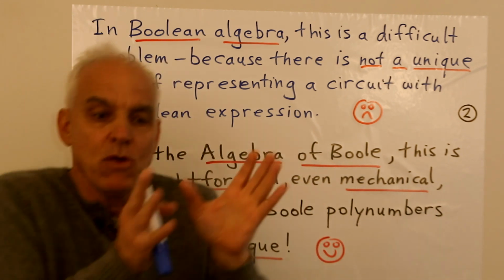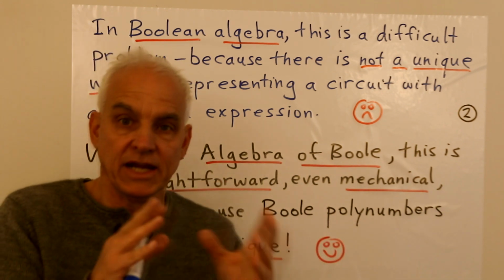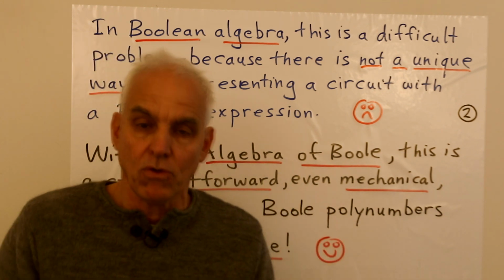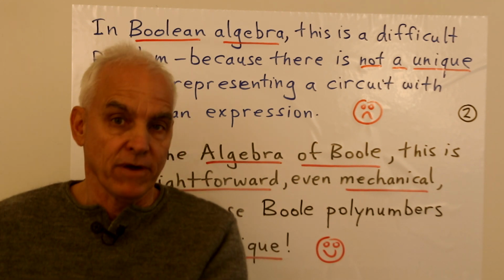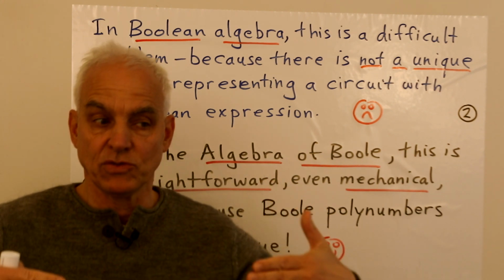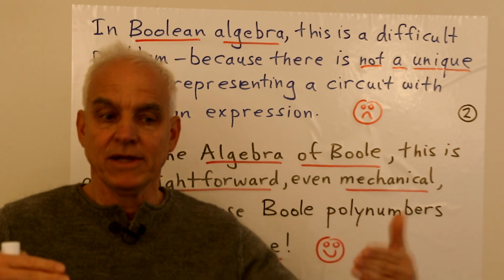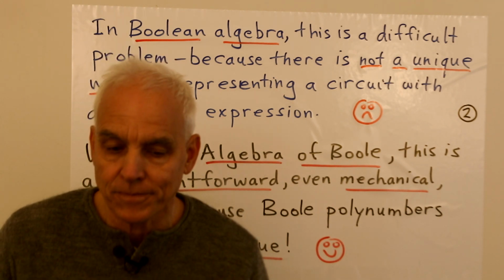There's ways of taking one Boolean expression and transforming it using various identities like De Morgan's laws, and there's a whole range of them, into something that looks possibly quite different. Okay, and so you could have these two expressions which are actually equivalent, but going from one to the other is kind of a subtle art.